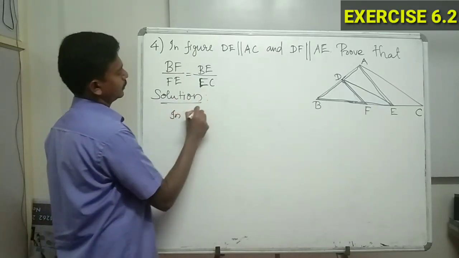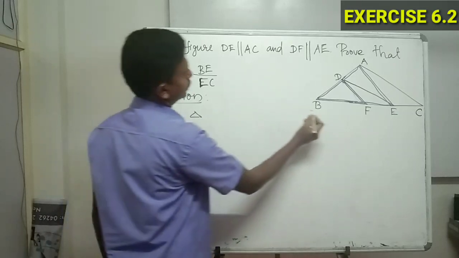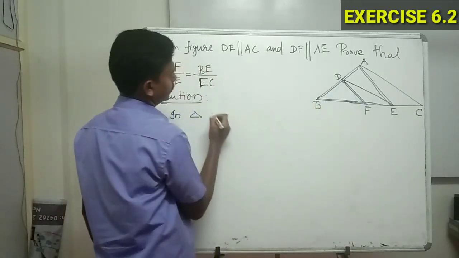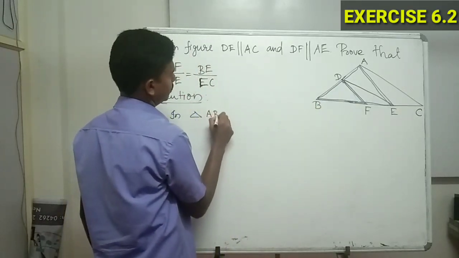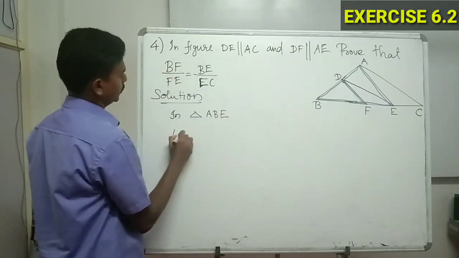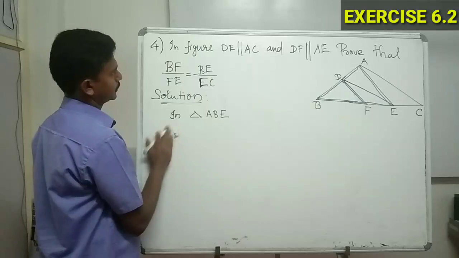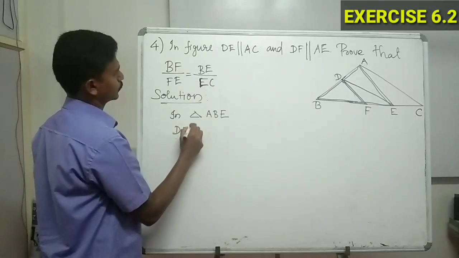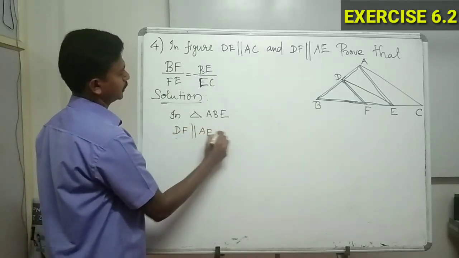In triangle, this blue one we can take, that is named ABE. In triangle ABE we can say that DF is parallel to AE. It is given.